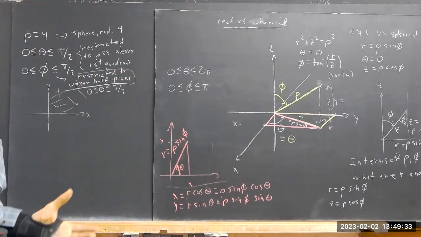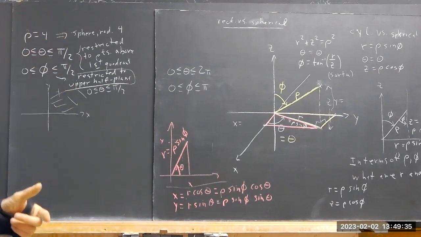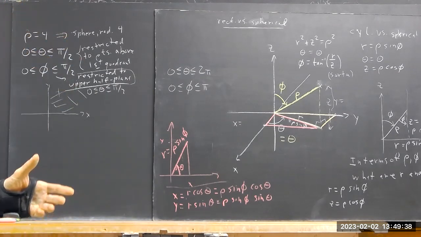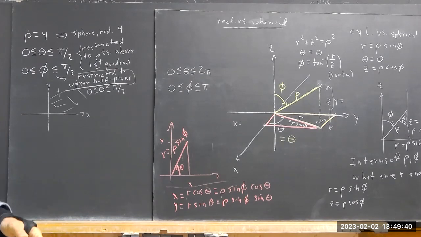So each of these cuts down that sphere and leaves you with an eighth of a sphere.